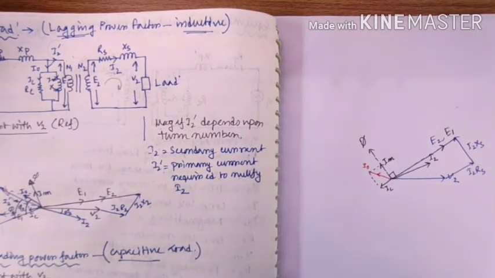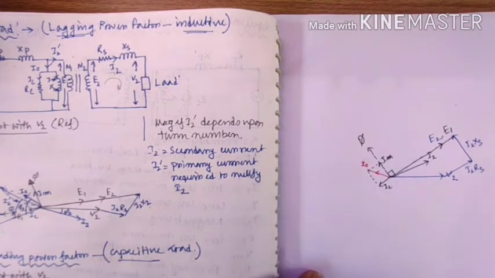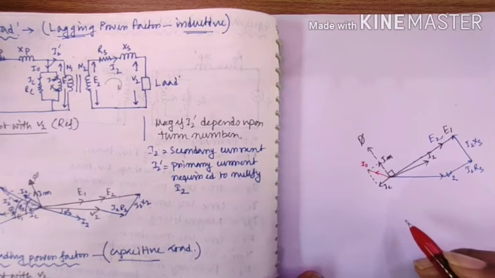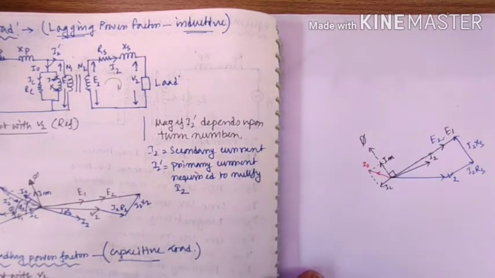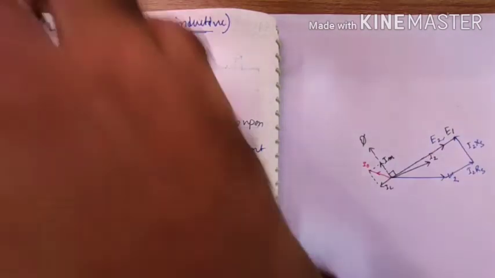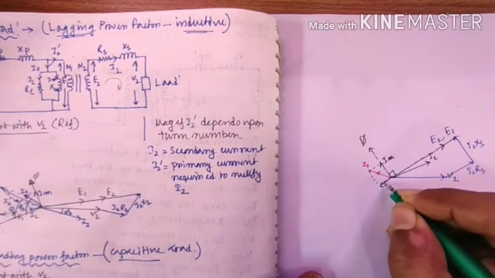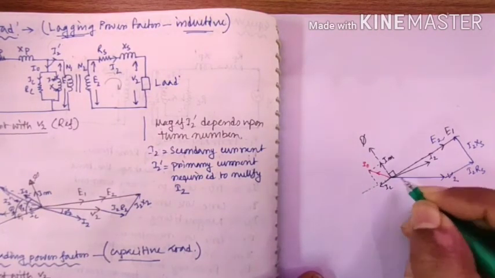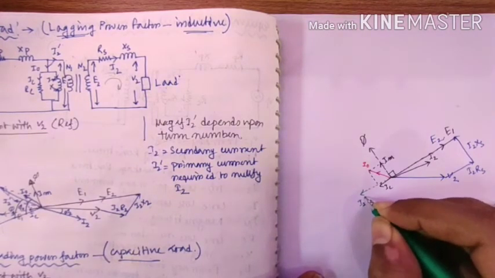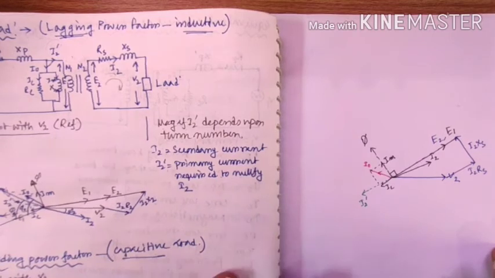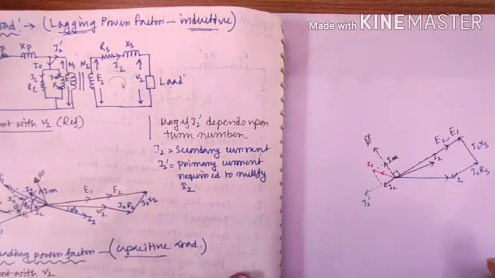Now I2 is the secondary current. So I2 prime is the amount of current that is required to flow through the system to compensate I2. So what should be its direction? So this can be I2 prime, that is the extra amount of current flowing through the primary one to compensate I2.